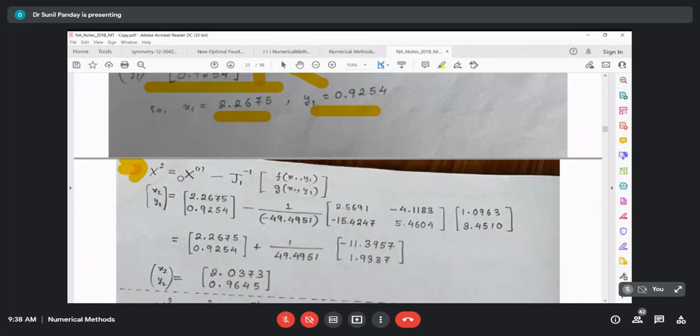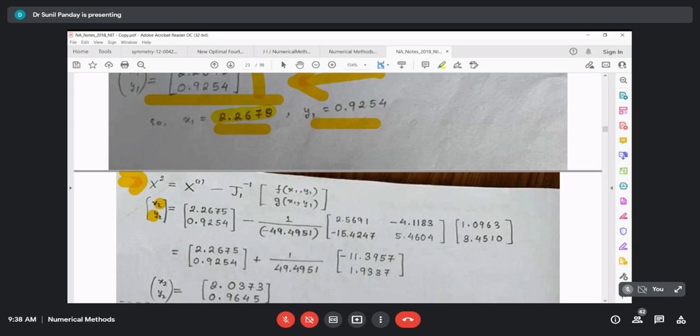Now we apply the second iteration, x2. So x2 means x1 minus J1 inverse f of x1, y1, because now k is 1. So x2 means here x2, y2; x1 is this and y1 is the second entry. Then I have to again calculate this Dk at these 2 points.